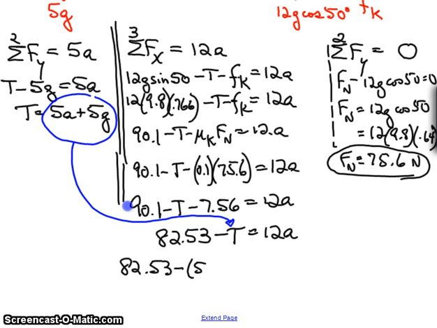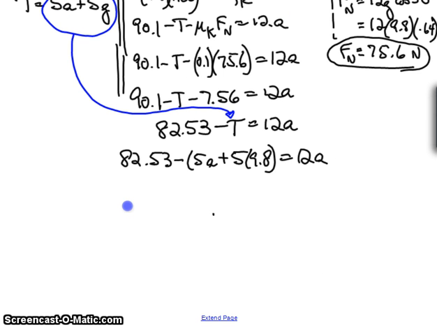That's going to be 5A plus 5 times 9.8 equals 12A. Okay, we're getting there. This becomes 82.53 minus, should have another parentheses there, minus 5A. That's good, minus 5A, because the accelerations need to add, minus 49 equals 12A.